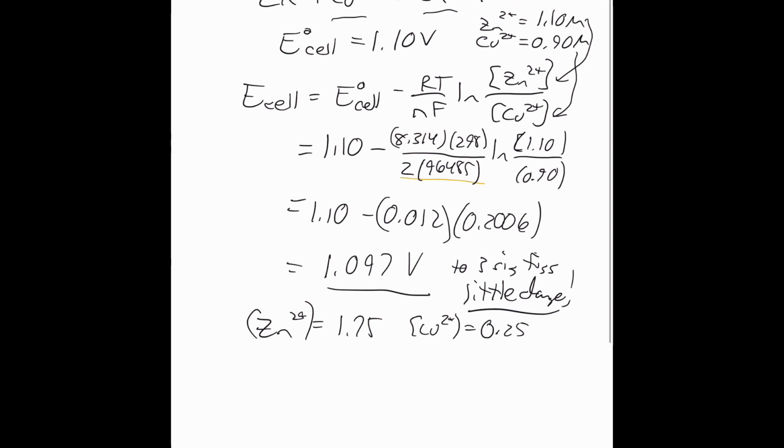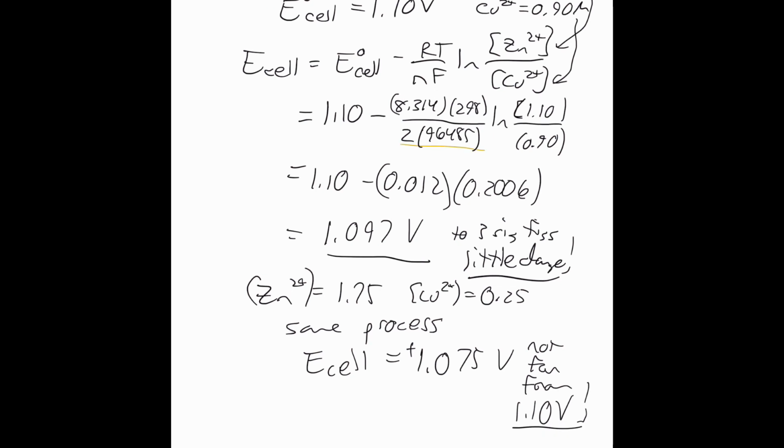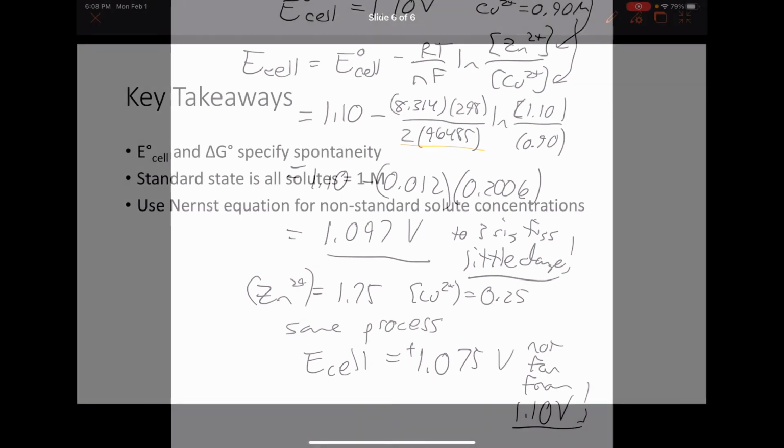If we did the same math, same process, our E cell in that case is 1.075 volts. So still not far away from our 1.10 volts, which is really important, that a change in concentration doesn't change our cell potential very much.